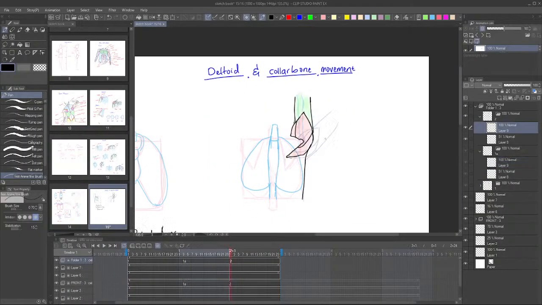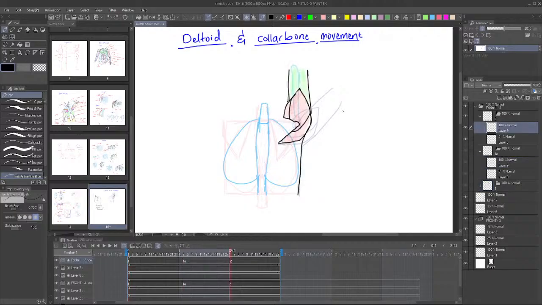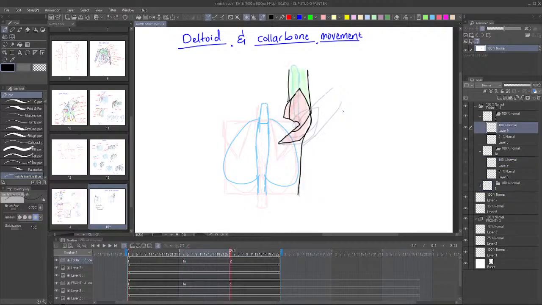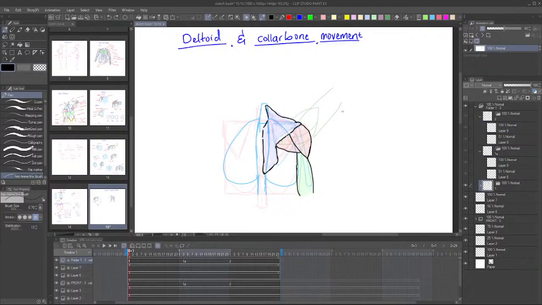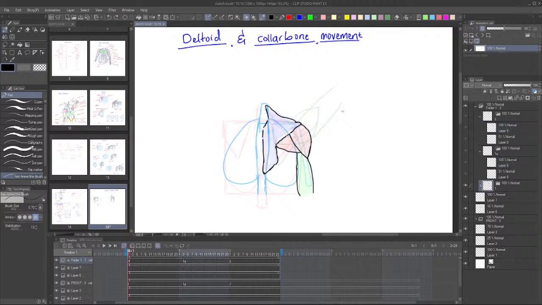See? This pointy side is at the side, but when you reach the top, and when you've raised your hands to the top, the whole deltoid is at the back.